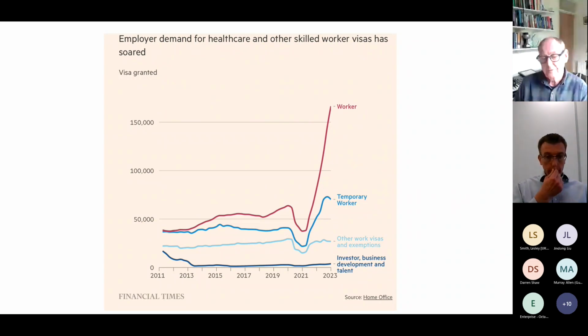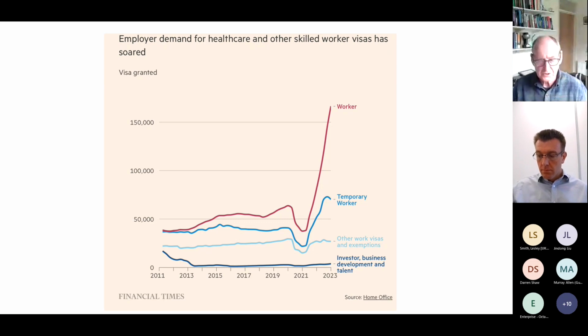And interestingly enough, for all the Brexiteers, immigration now in the UK is at record levels. It's running at 500,000. And the point is, of course, we, apart from the boats, are controlling it. So those workers and temporary workers are here because they got a visa.